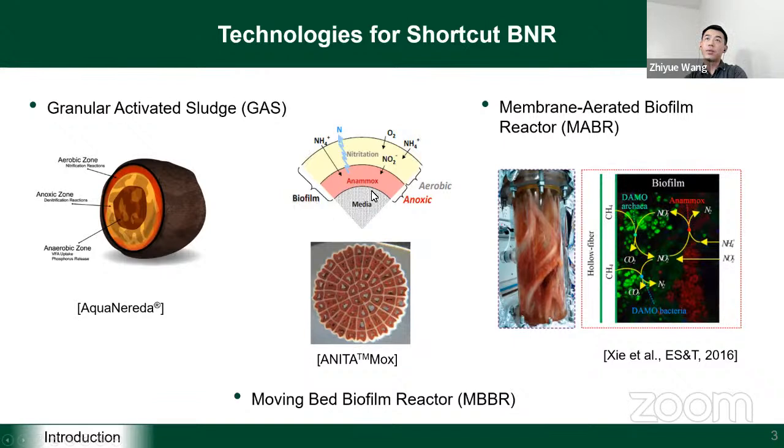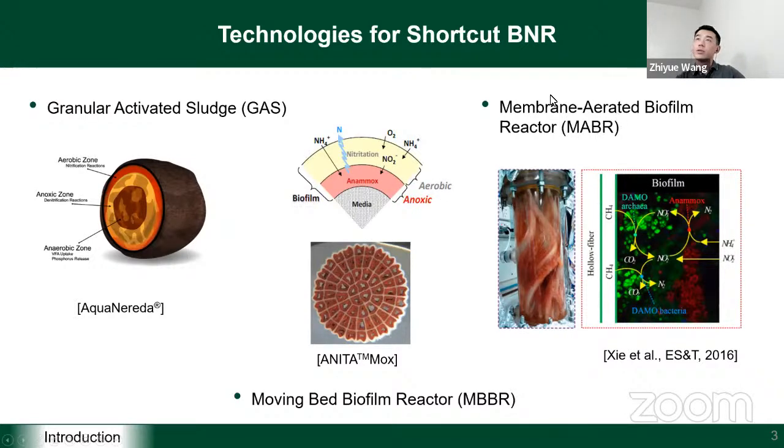As the layer becomes thicker, they will have diffusion of oxygen from the outer surface, having a zone of aerobic growth near the surface, whereas near the media, they will have an anoxic zone. And then again, you can enrich for ammonia oxidizing bacteria near the surface, and anammox or other denitrifiers that live in the anoxic zone.